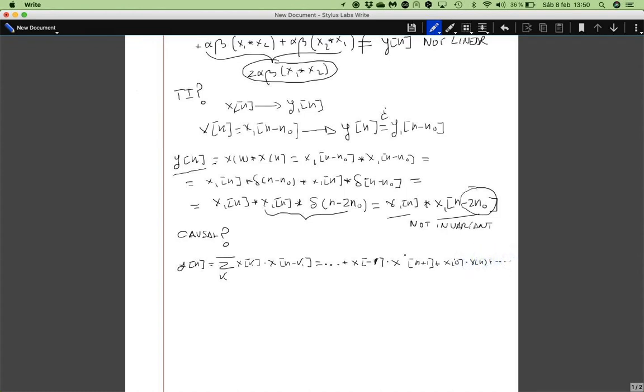But what we can see over here is that we are using a term to calculate y[n] that is in the future of the signal. Okay, so x[n+1] is the instant x[n] one second later. So basically, as we are using a future value of x[n] to calculate the current value of y[n], the system is not causal.